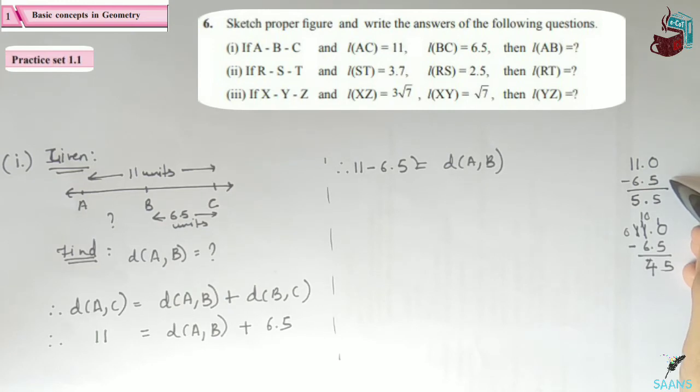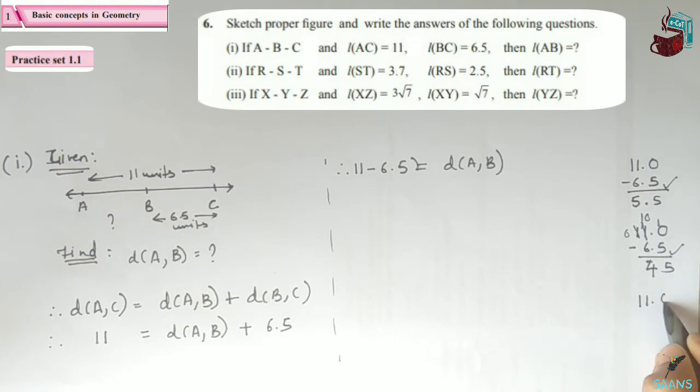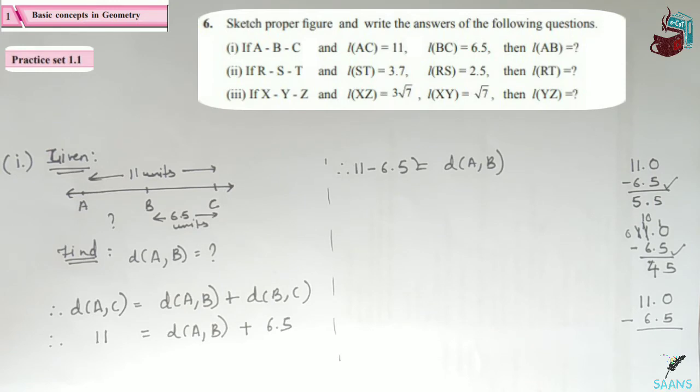So which is the right answer, this or this? Let's do a final check: 11.0 minus 6.5. Pay attention now. I have done it in two ways and got two answers, so how do we correct it? You often mess this up in exams, so I am showing you an example. 1 becomes 0, we carry over 1 over here. This is 11, but 5 cannot be taken from 0. This is basic, which you learned in 5th and 6th standard.